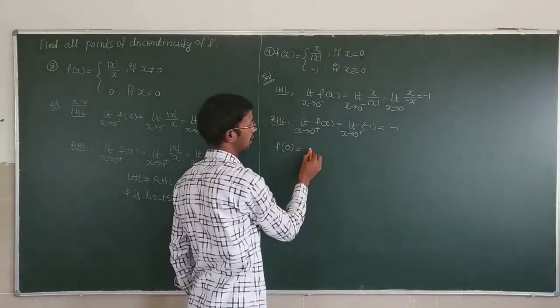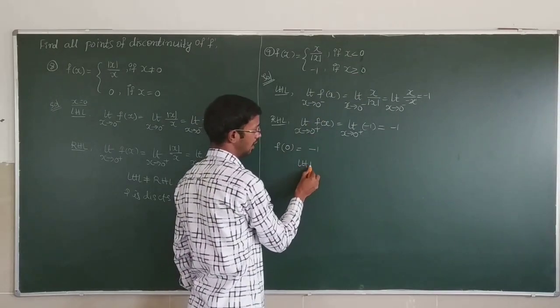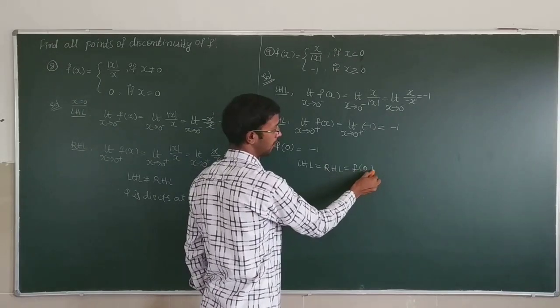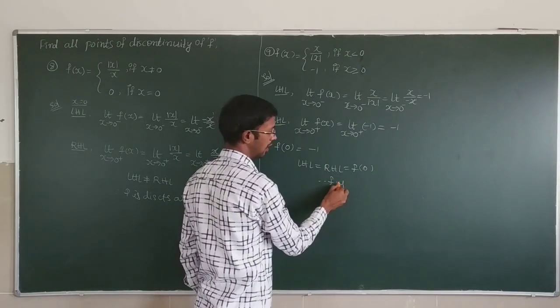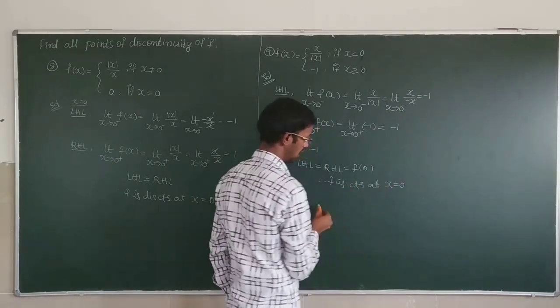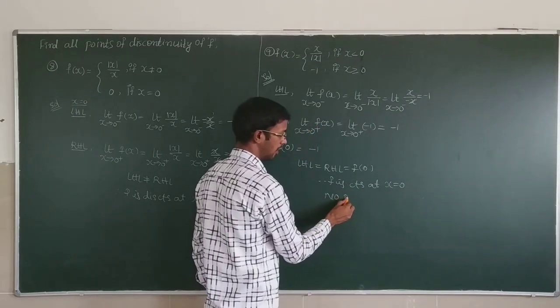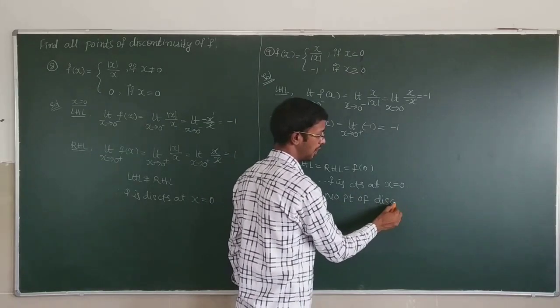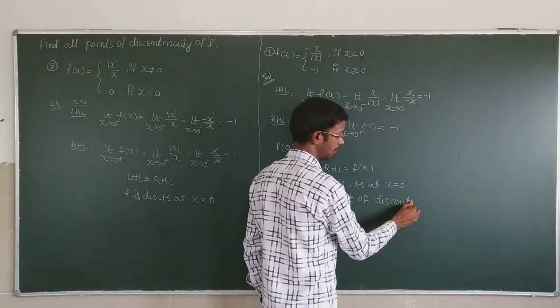It is equal to 0, answer is minus 1. LHL is equal to RHL is equal to f of 0. Therefore, f is continuous at x is equal to 0. No point of discontinuity.